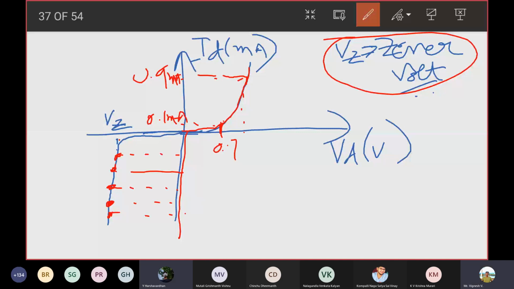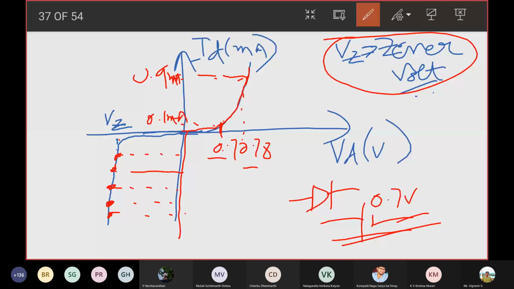In the same way, for a Zener diode, if it's operating beyond the breakdown condition, you typically replace the Zener diode with a voltage source, and the voltage source value is VZ.